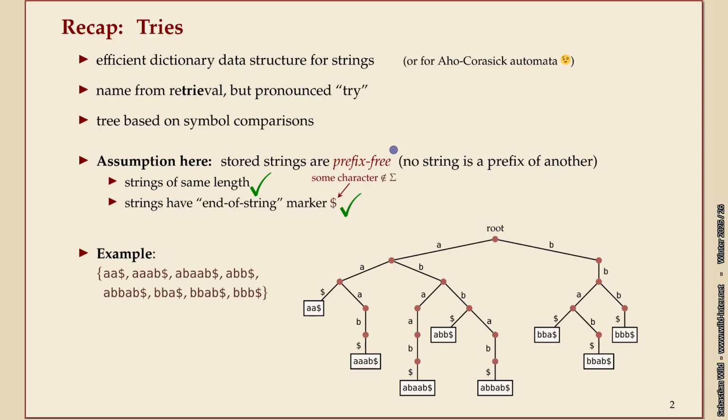And then you always have this guarantee that they're prefix-free, so that no string is a proper prefix of another one, because that would mean aligning this $ sign, the end of string sign, with some non-end of string character. Another way to get this, by the way, is if all the strings have the same length, and then also they can't be proper prefixes of each other. That's literally the example from back then when we talked about Aho-Corasick.